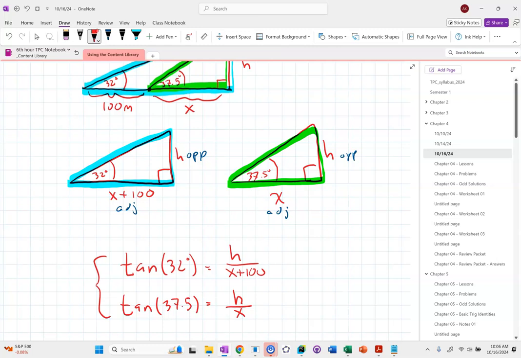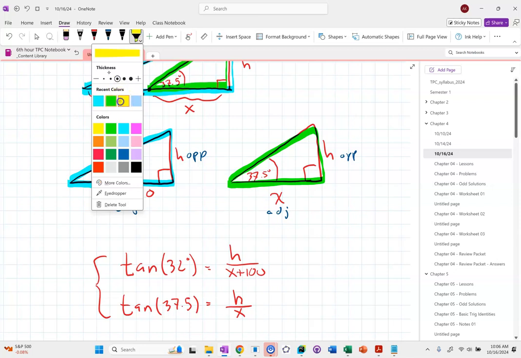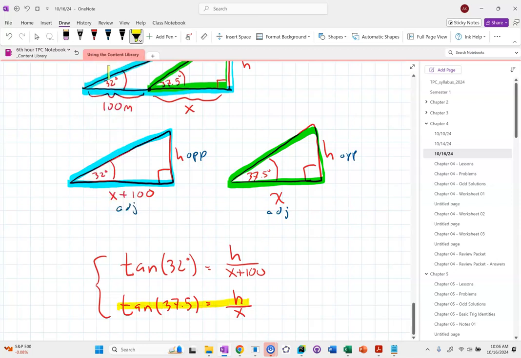What I'm going to do now is solve this system using either substitution or elimination. I'm going to choose substitution, because all I really care about is the H. I'm going to take equation 2, get the X by itself, and then substitute that in for equation 1.